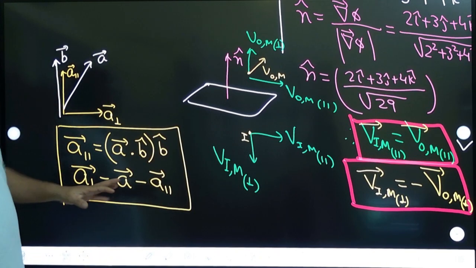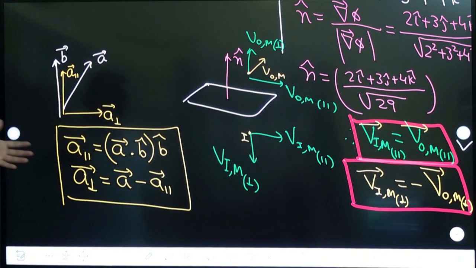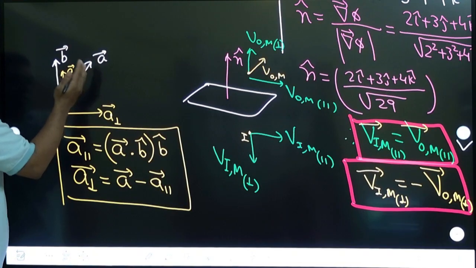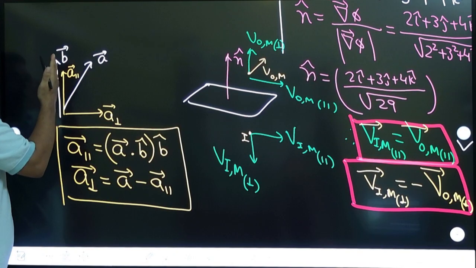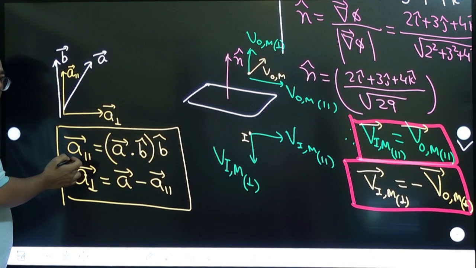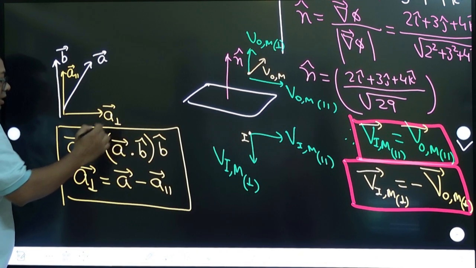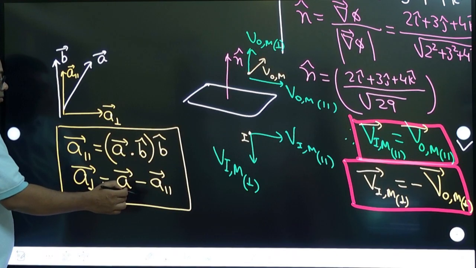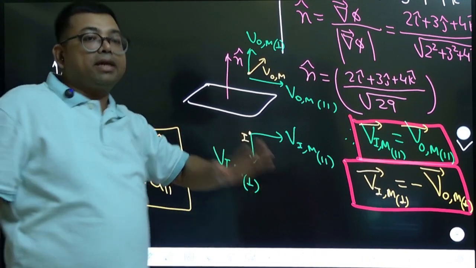So, questions are not very complicated, but you need to know the vector formula. Suppose A vector is there and B vector is there, if you want the vector component along B, you will use this formula, and if you want the vector component of A in the perpendicular direction, you will use this formula. Using this, the problem can be solved.